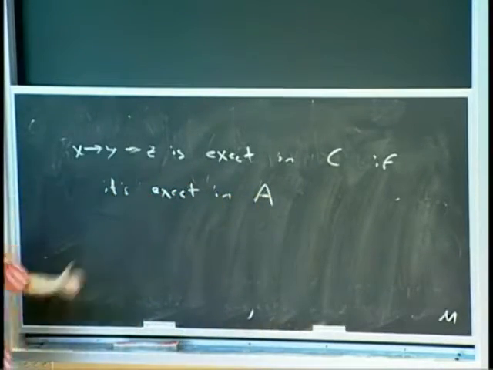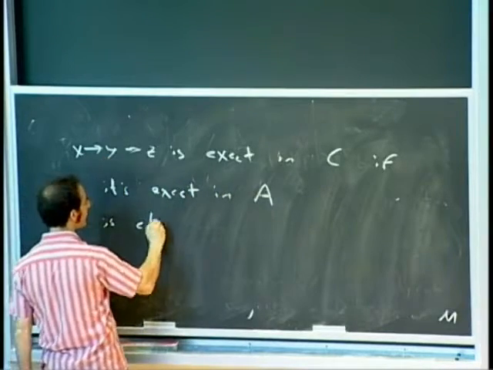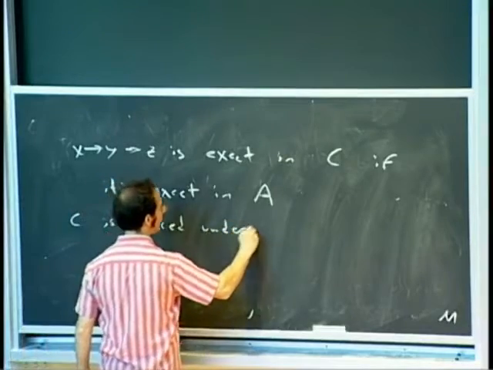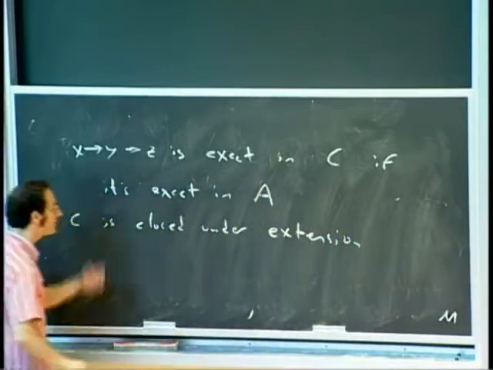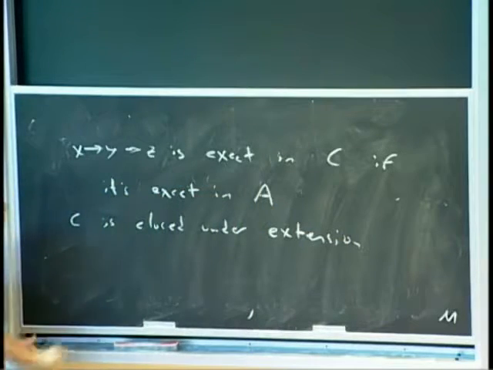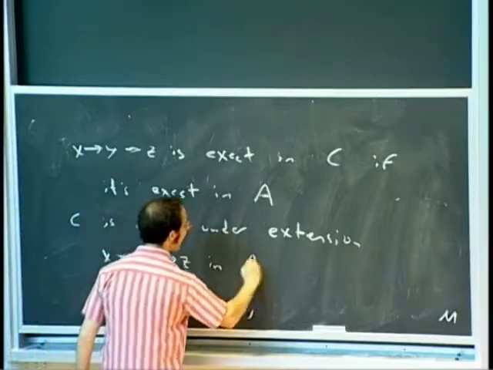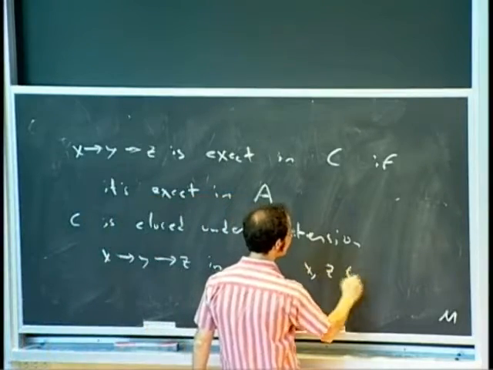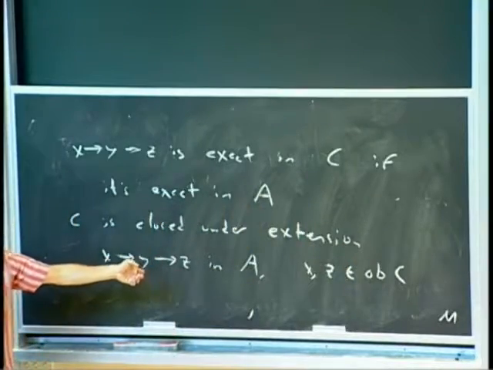So we just inherit. And we're also going to say that C is closed under extension. This is a useful technical condition, which means that if we have x to y to z now in A such that x and z are objects of the subcategory, then so is the thing in the middle.